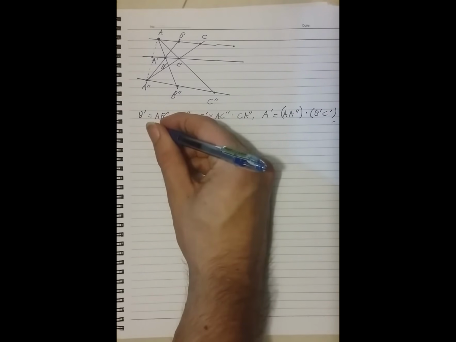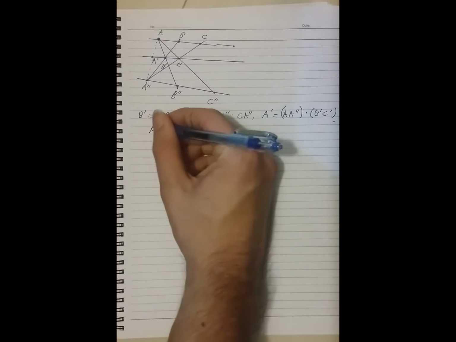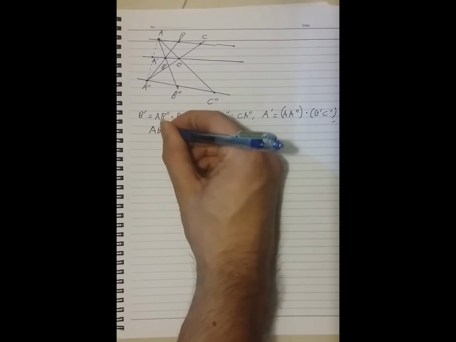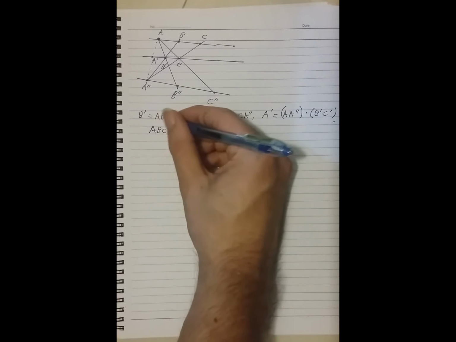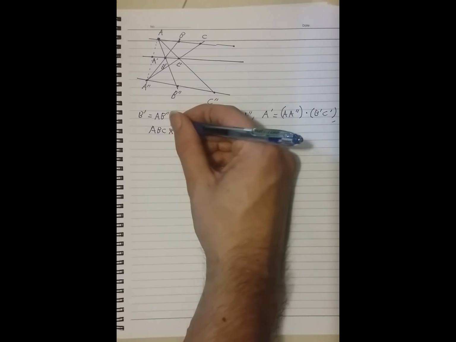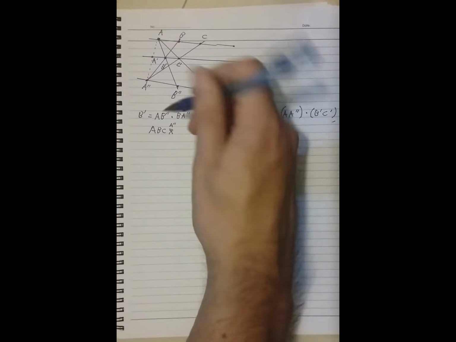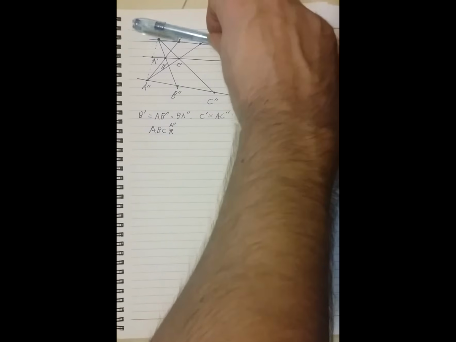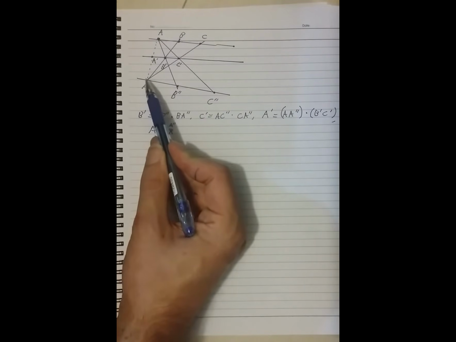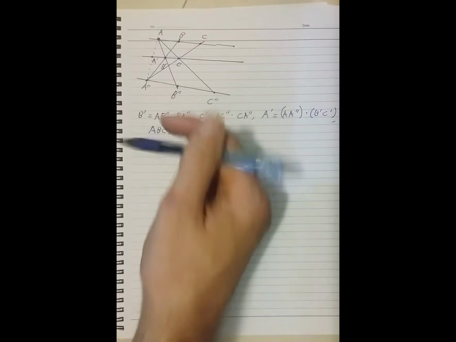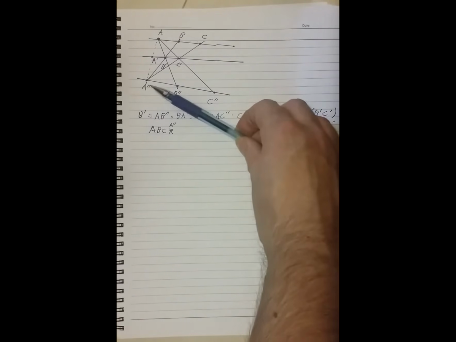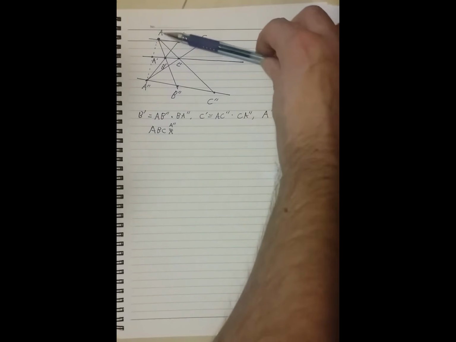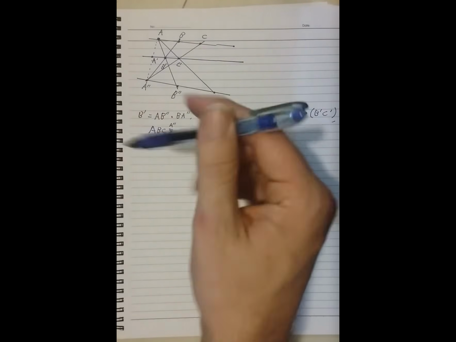Now it's fairly easy to see that if we take A, B, C and do a perspectivity about point A double dash, so we're projecting these points down here using this as our viewing point, we're interested in how rays shone from this point cause these lines to get projected onto this line.